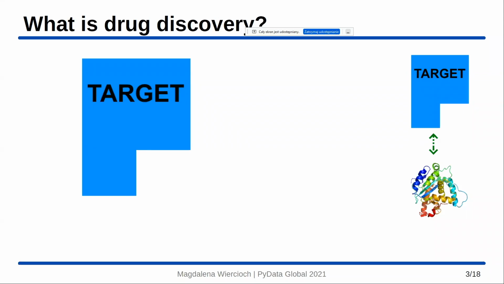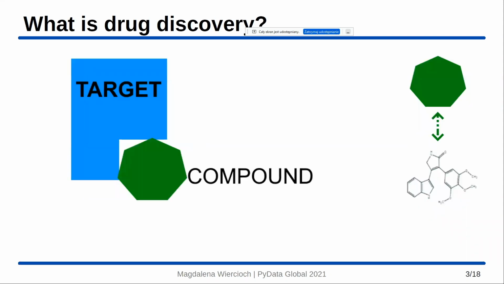In general, let's say that this target is associated with the disease, and in real life, this target is often a protein. Now, a chemical compound, which you can see in green, is a molecule that can cure the disease or at least can help in the treatment process.